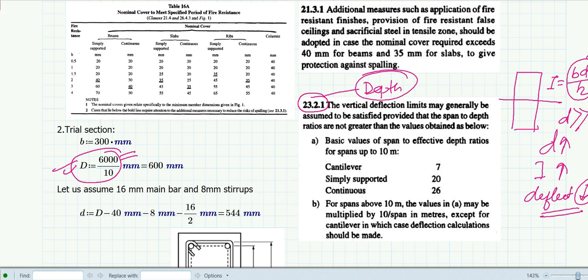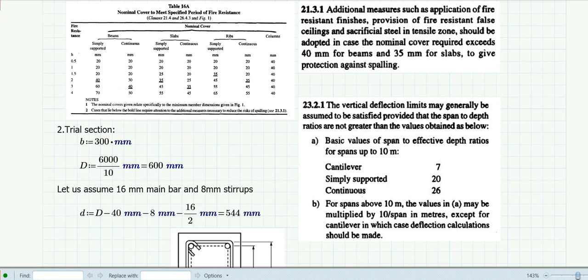Depending upon the deflection criteria, which is also a serviceability criterion, there is clause 23.2.1, which says that the vertical deflection limits may generally be assumed to be satisfied provided that the span to depth ratio is not greater than the values obtained as below.